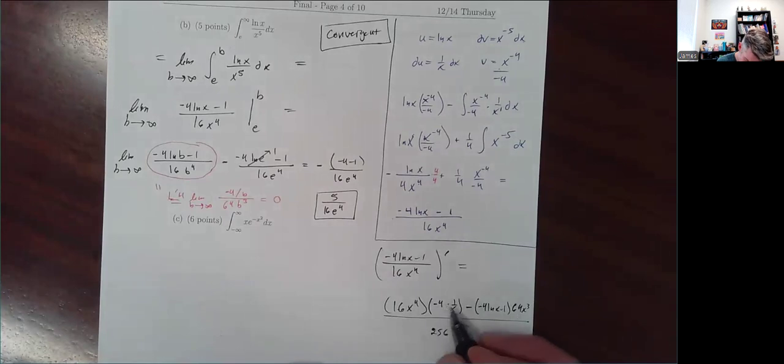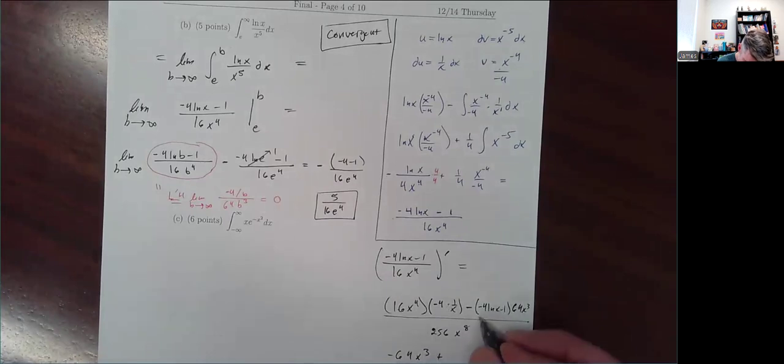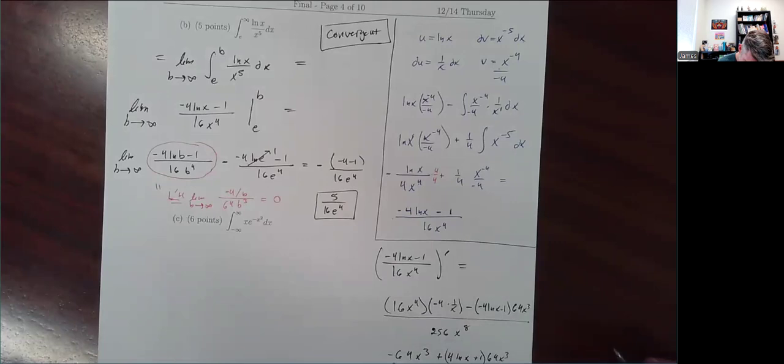Yeah, okay. So we get a -64x cubed minus a minus is plus 4 natural log of x plus 1 times the 64x cubed all over 256x to the 8th. No, that's going to work out fine.